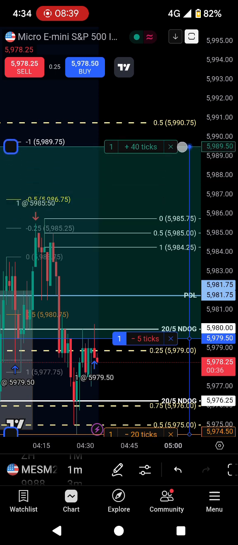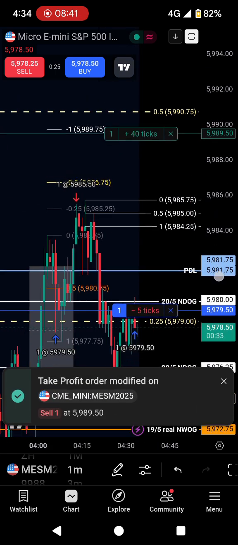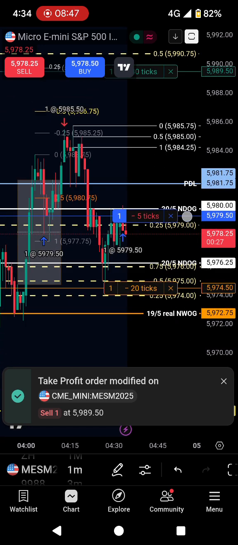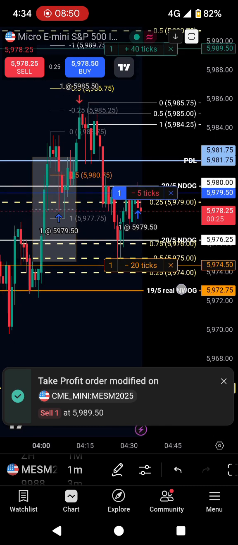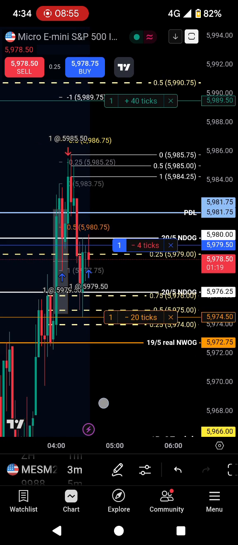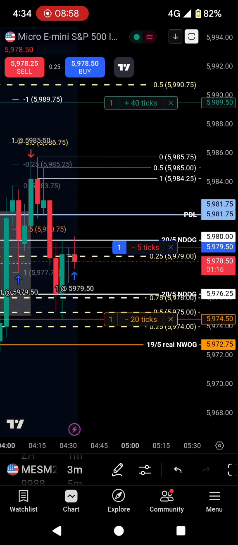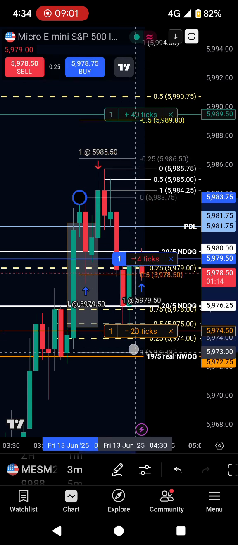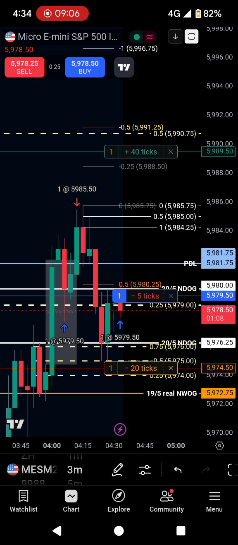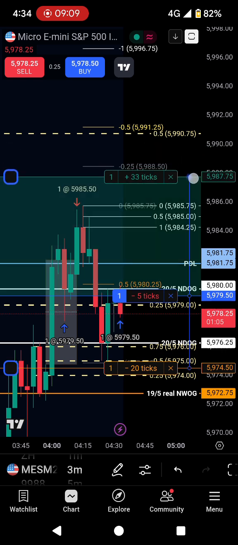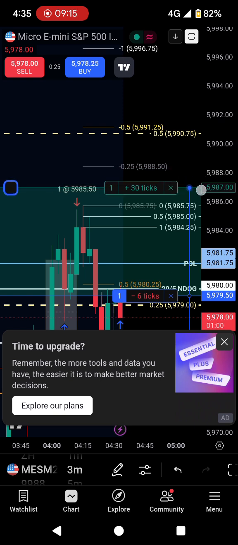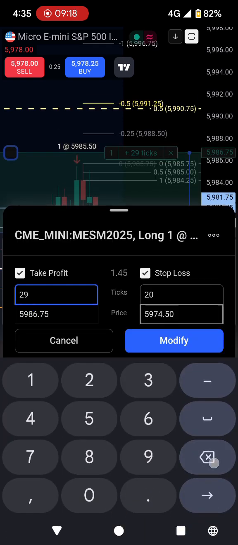And yeah, this time I'll just place the TP target. It's okay, I'll be contented with 29.